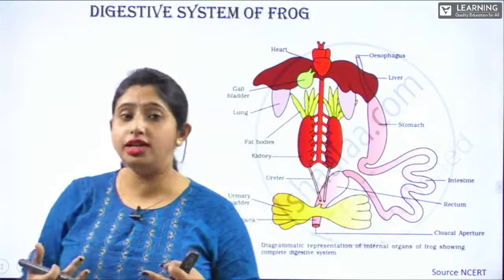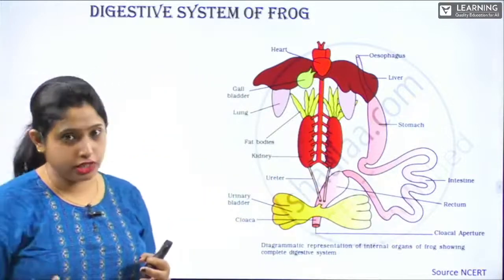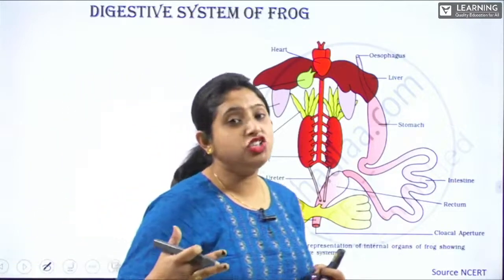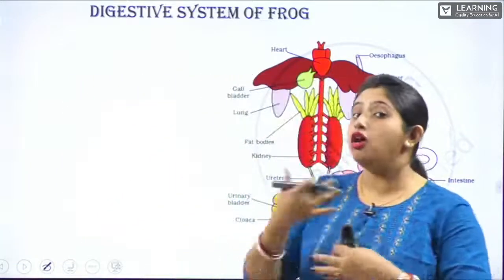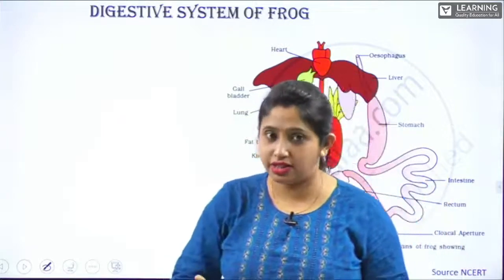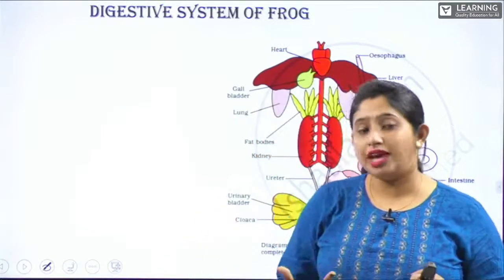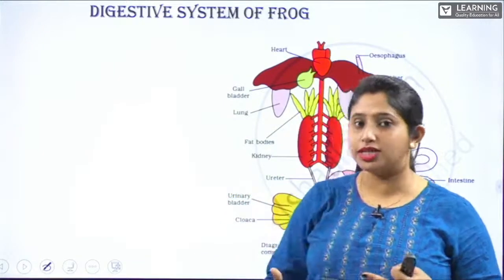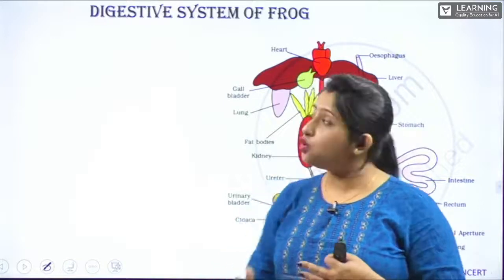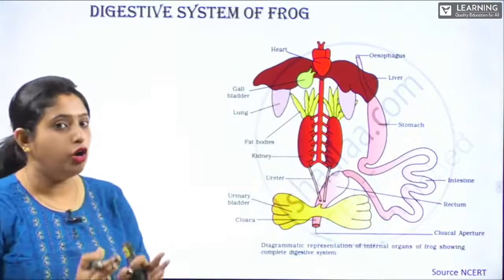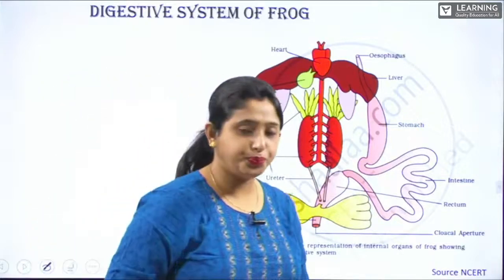Here you are going to learn about the digestive system, the circulatory system, the respiratory system, the excretory system, and also the nervous system and the reproductive system of the frog. All these things we are going to cover under the anatomy of the frog.